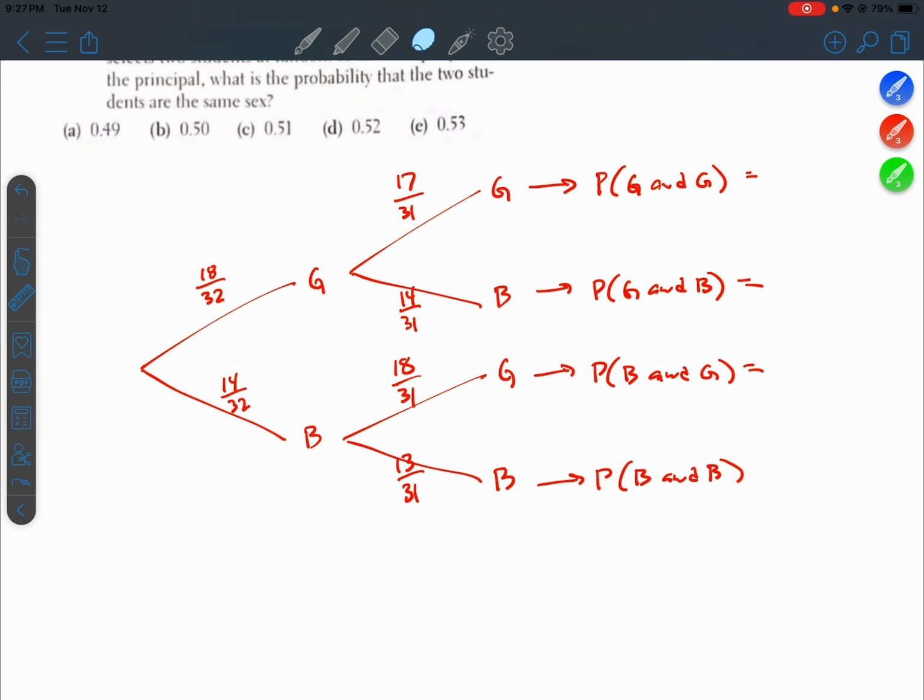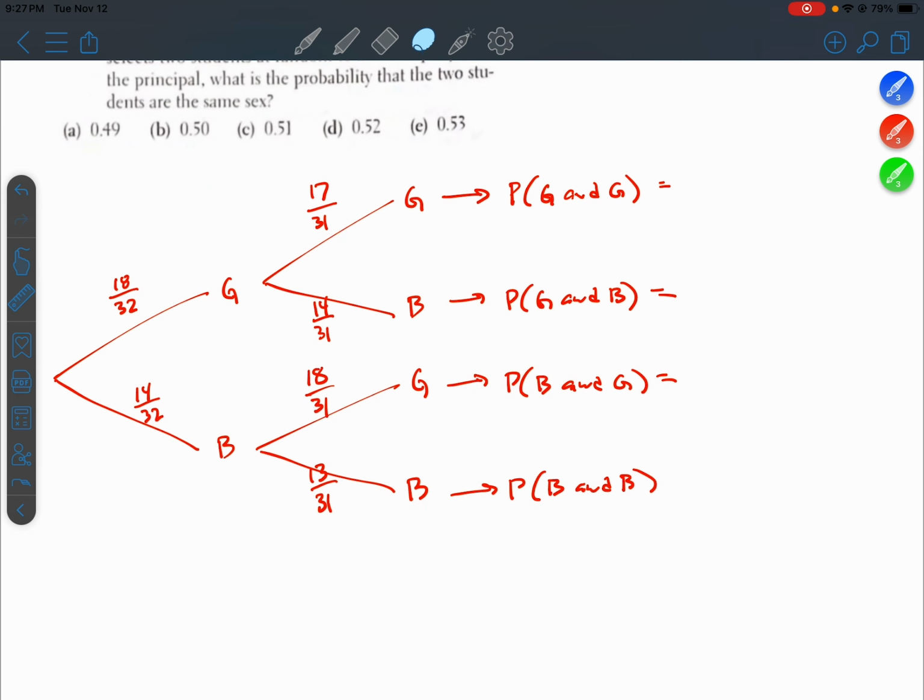Okay, let's make a little bit more space here. All right, so 18 over 32 times 17 over 31. 18 over 32 times 14 over 31. 14 over 32 times 18 over 31. And then 14 over 32 times 13 over 31.